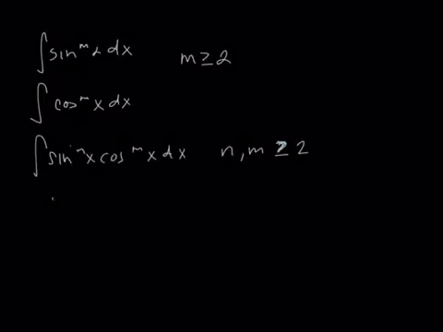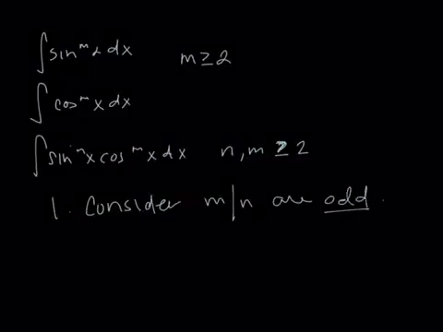So step 1, we're going to consider when m or n are odd, because that's probably most in our wheelhouse for what we know right now. So I'm going to present a couple of different problems where we actually have an m or an n that happens to be odd.